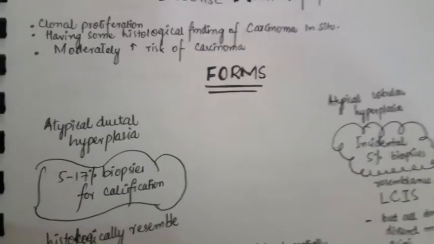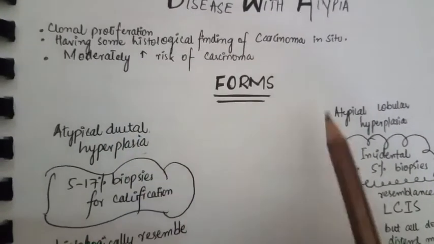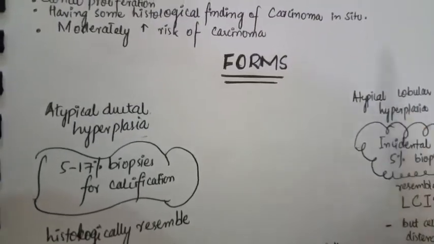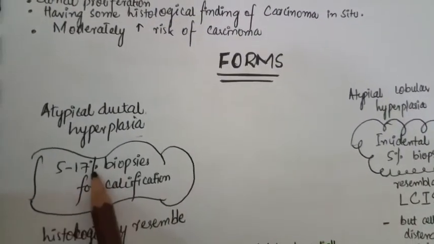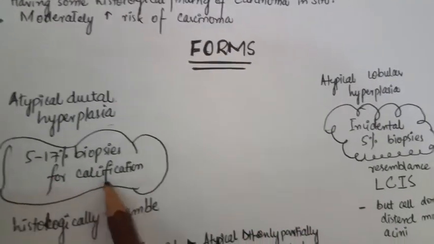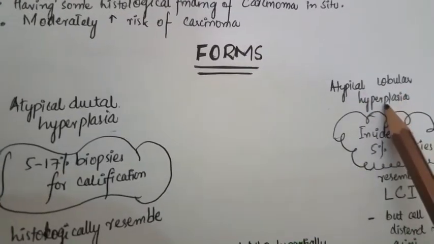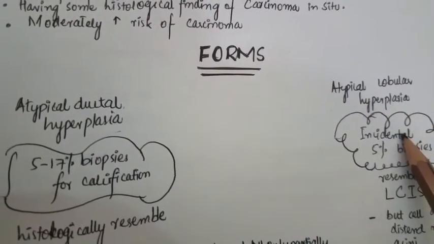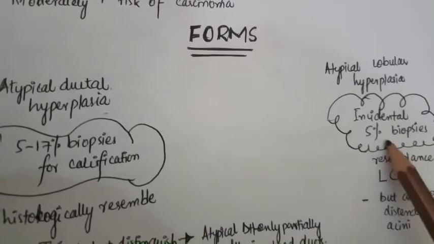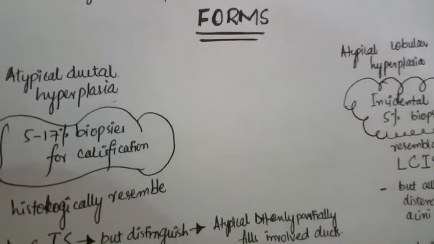It has got two forms, atypical ductal hyperplasia and atypical lobular hyperplasia. 5 to 17% of biopsies show the calcification, and the atypical lobular hyperplasia diagnosis is on the basis of incidental findings, in 5% of biopsies which are performed for other reasons, not specifically for breast diseases.